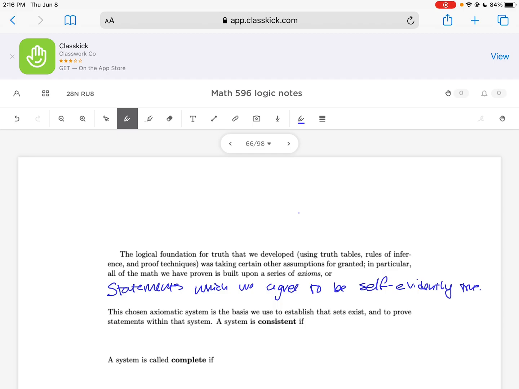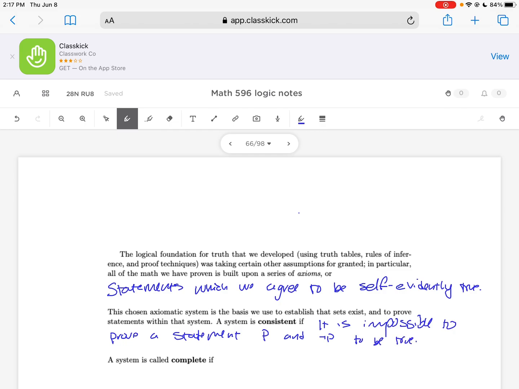But in any case, whatever axiomatic system we use, we want that system to be consistent. A system of axioms is called consistent if it is impossible to prove that both a statement itself, let's call it P, and its negation of P are true.